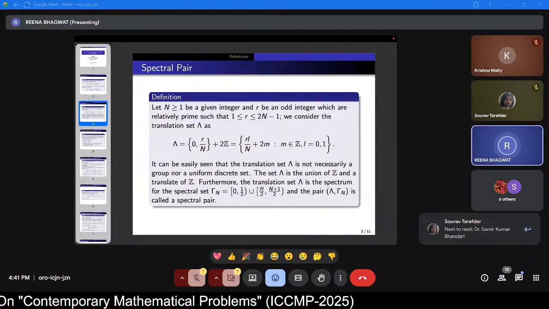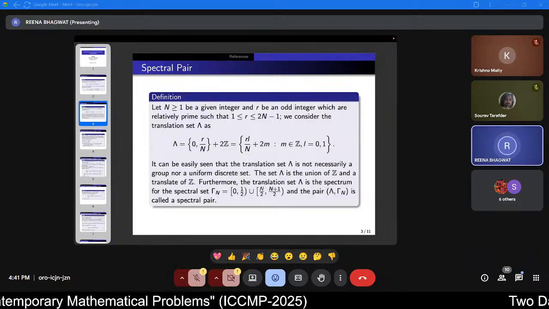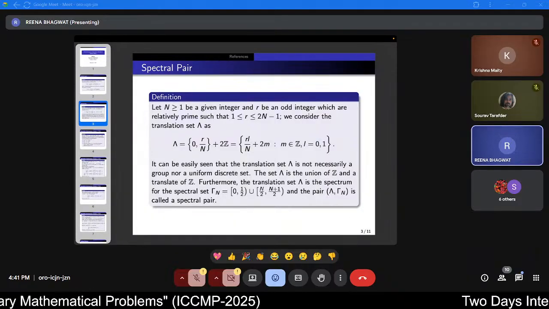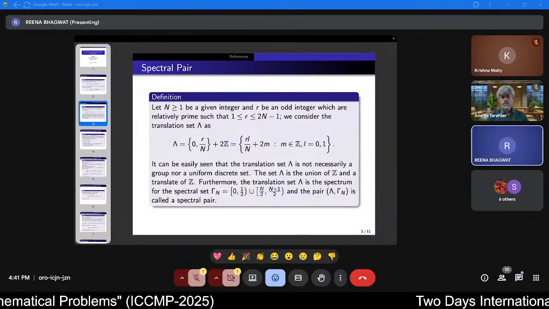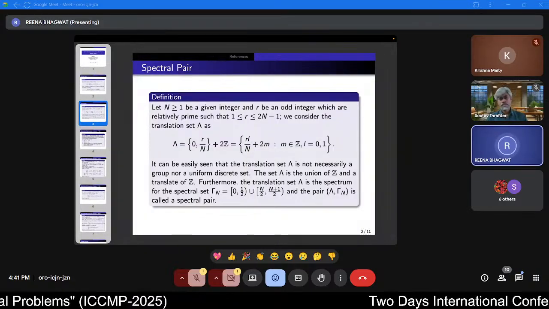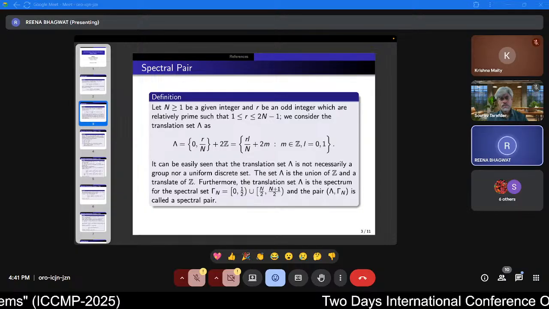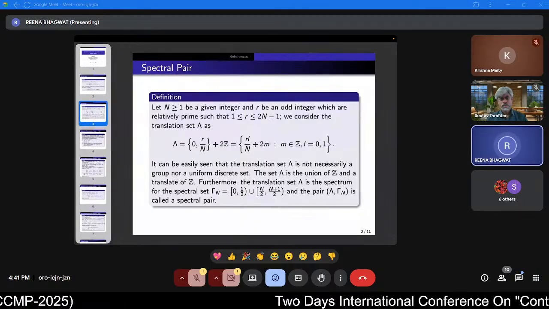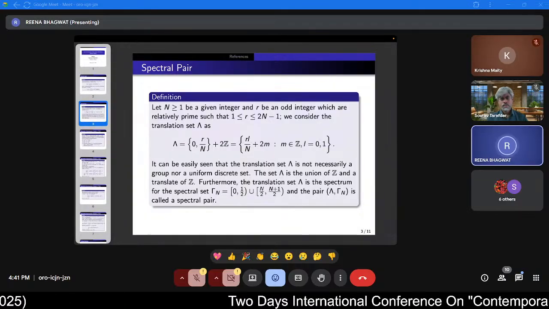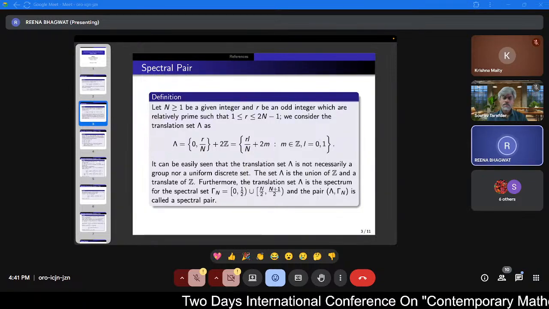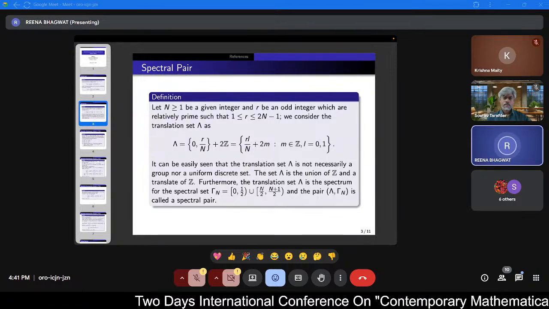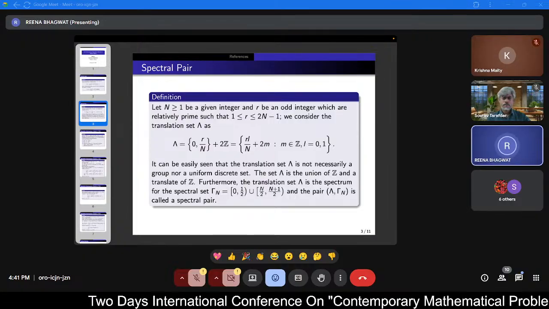We consider the translation set as {0, r/N} + 2Z, where Z is the set of integers, and our L is {0, 1}. So this translation set is not necessarily a group or a uniform discrete set. So basically we are working on a non-uniform vector space.